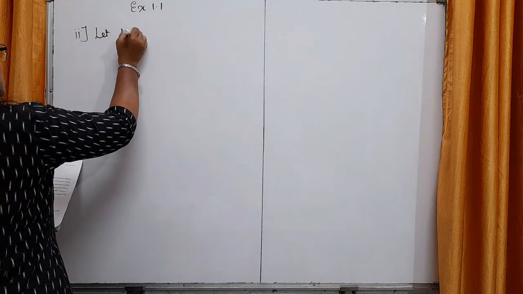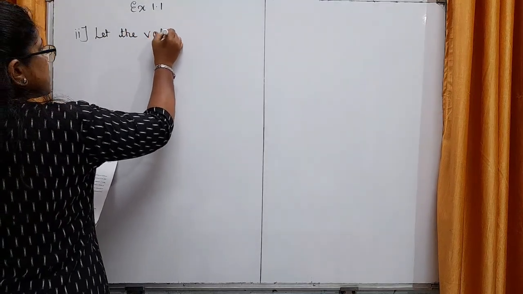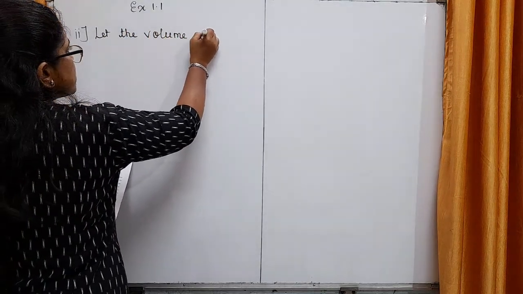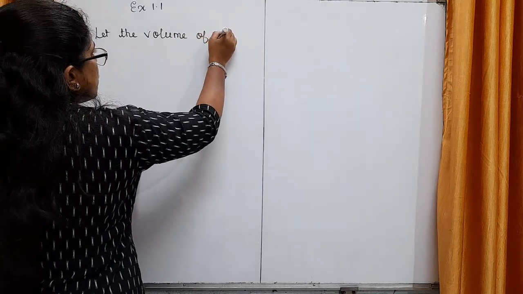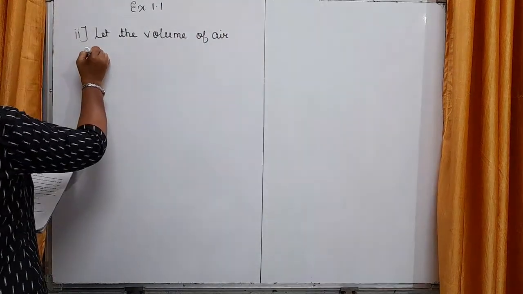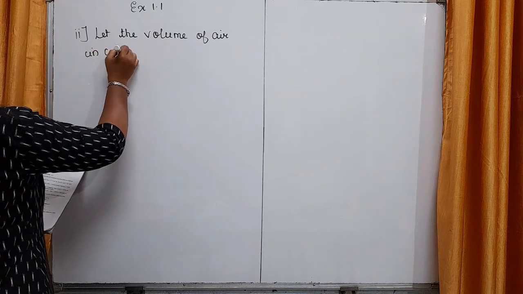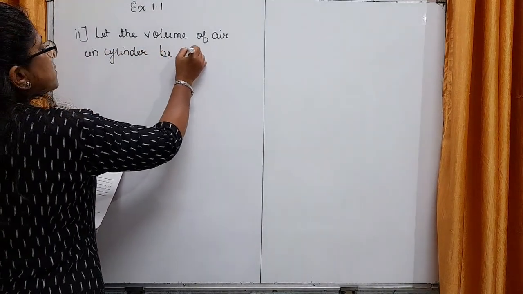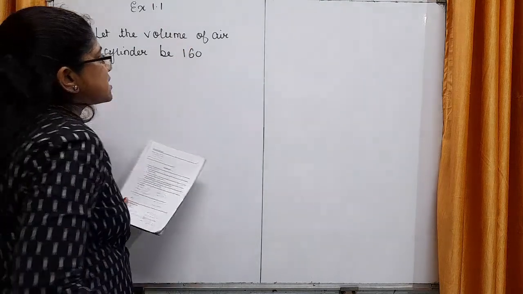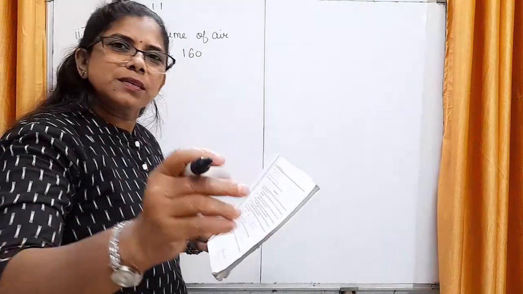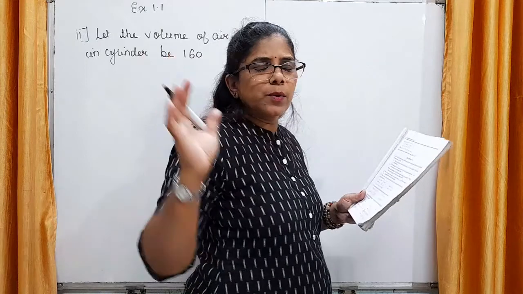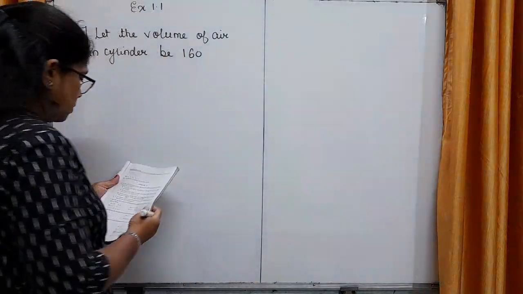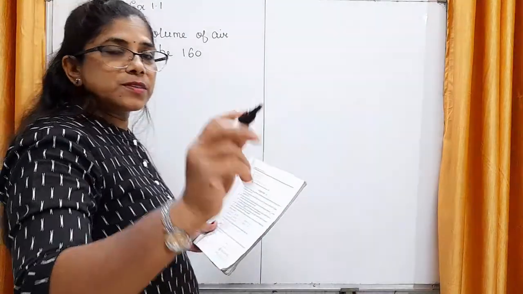Let the volume of air in the cylinder be 160. Anything you can take, cc, liters, anything. We will just consider one number right now. It is 160. Initially means our first term.